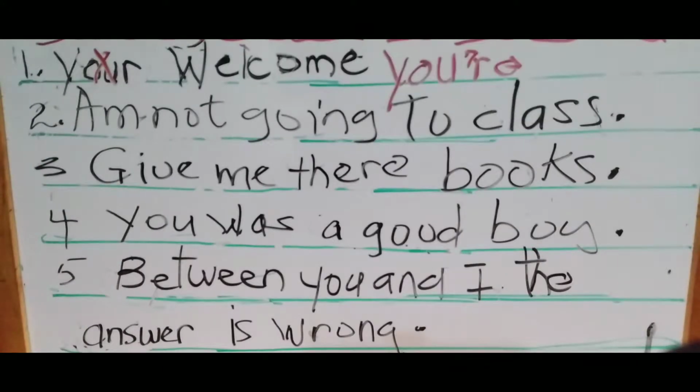All right, number two. Number two says, "Am not going to class." Now, am is a verb. It usually goes with I as an auxiliary verb or a helping verb. An auxiliary verb is a helping verb. It goes along with a main verb. So when you have "Am not going to class," that is incorrect.